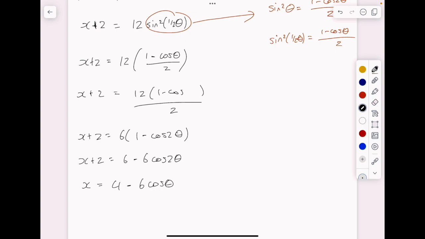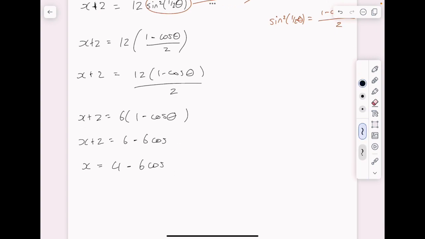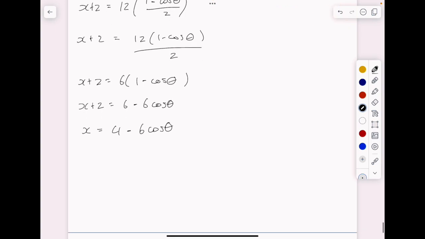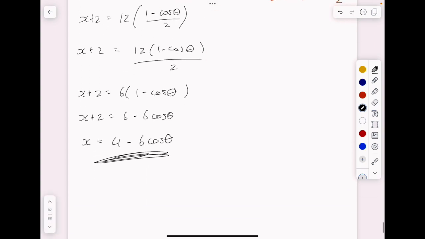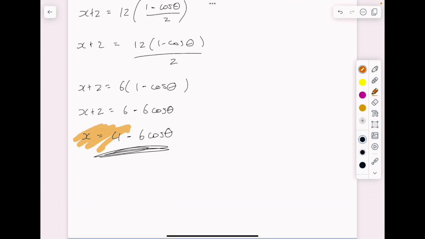There should be theta here. Okay. So therefore x is going to equal 4 minus 6 cos theta. Right, and that, guys, is going to be the final answer to the question.